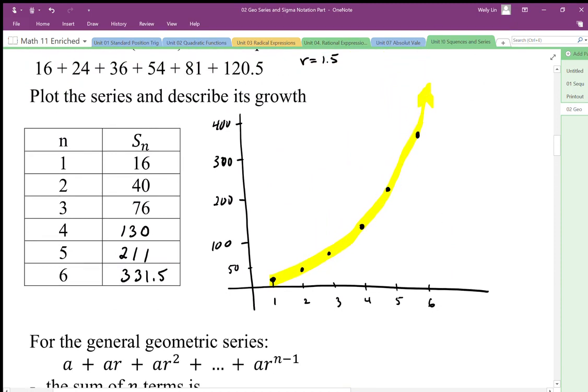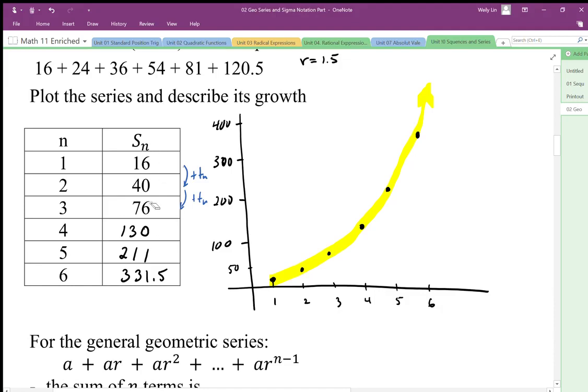And this is actually quite unique. The geometric series is the only type of progression where the changes, which are reflected by plus Tn, the changes of this progression actually mimic the actual function.